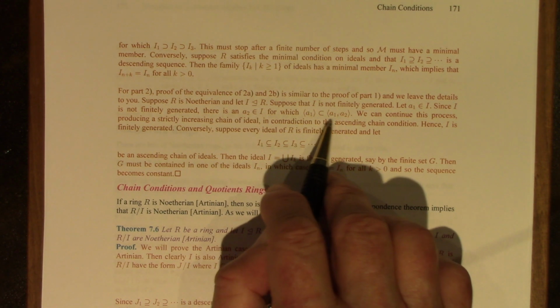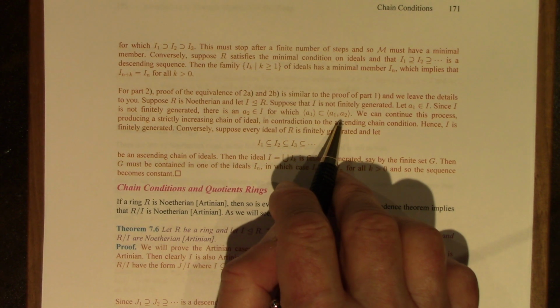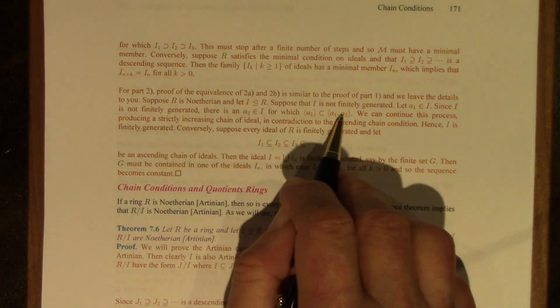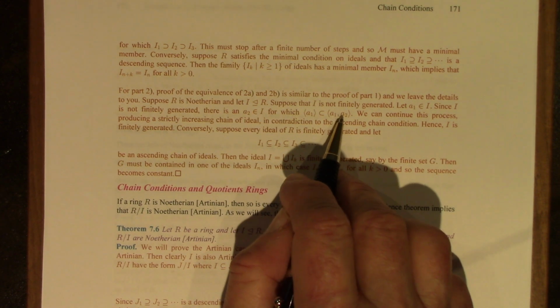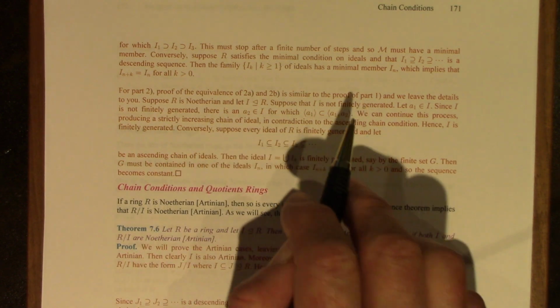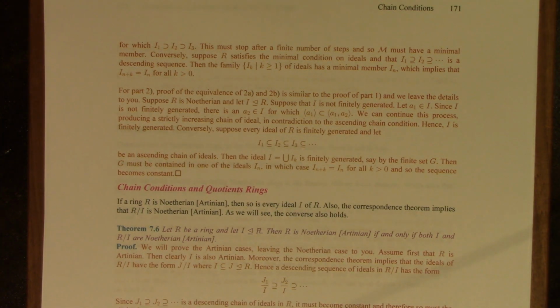A1, A2 does not generate all of I, so there's a third element, and we can construct an infinite, strictly increasing sequence in this manner if I is not finitely generated. Well, that's a contradiction to the ascending chain condition, and so the ideal I must be finitely generated. This is a very similar argument to the one I just gave.